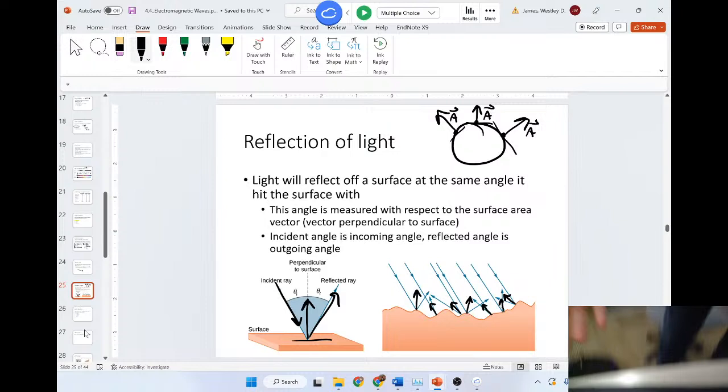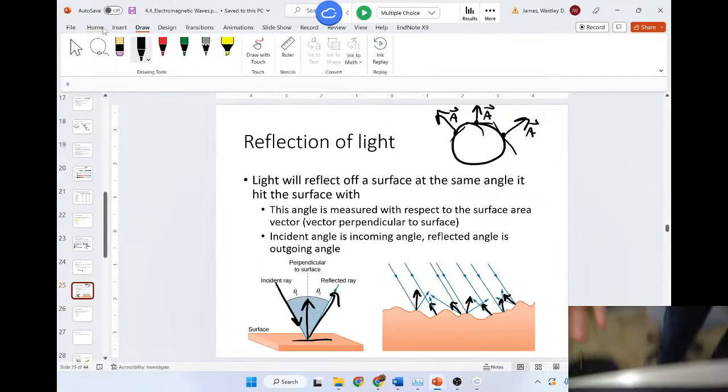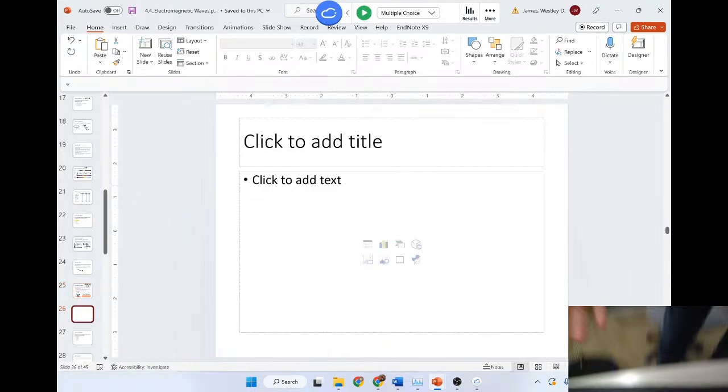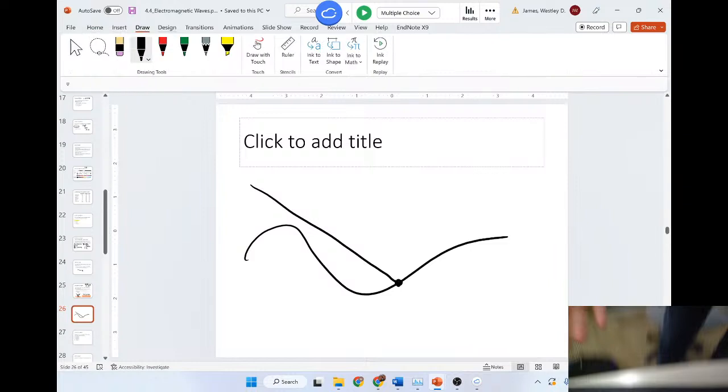The key to that, let's just make up a problem real quick. Let me just make up a picture. Say I have a bump, and light is coming in like this, and I say find which way it'll bounce off this point. Imagine you took your pencil and you put it flat here.